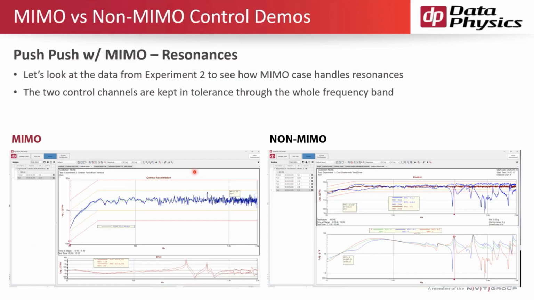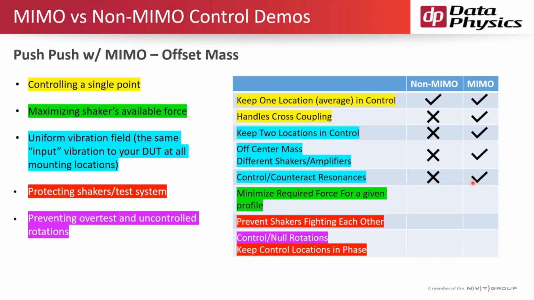So comparing the MIMO to the single shaker controller non-MIMO case, you can see the MIMO case provides a very uniform control even when we have resonances in our test band. So it's able to counteract that. So MIMO control takes into account the structural resonances and the relative amplitudes between your control points.